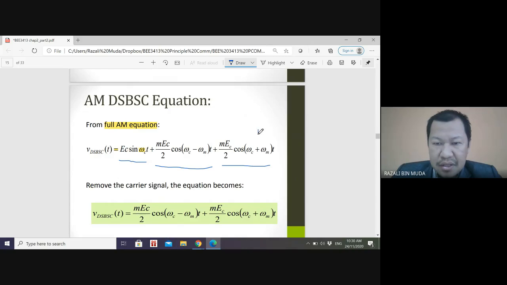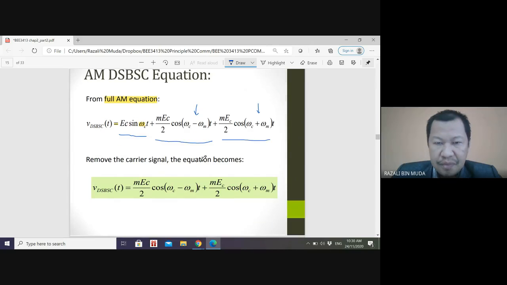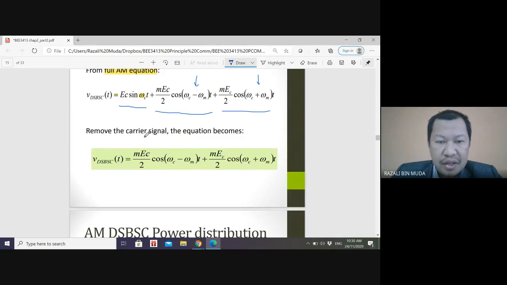Upper has a plus sign, and lower has a minus sign. So removing the carrier signal, the equation becomes like this.